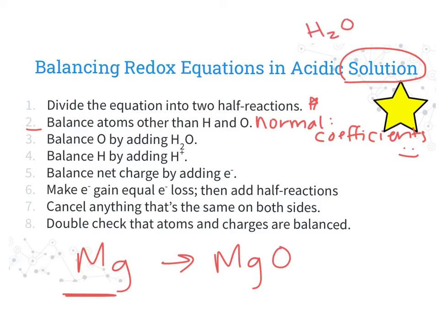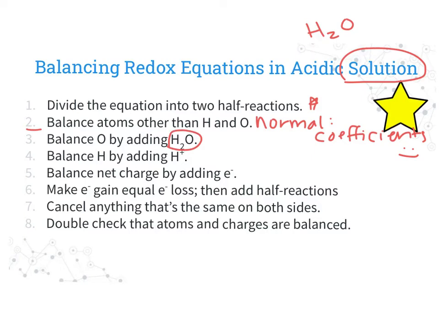We don't write them in the reaction all the time because most of the time they're not participating, like in precipitation reactions. But here they can, because that's what's going to be donating the oxygen. So I'll show you a full example in a second, but we're going to add H2Os opposite of any oxygen you need to balance. So instead of adding coefficients, we're going to add waters.